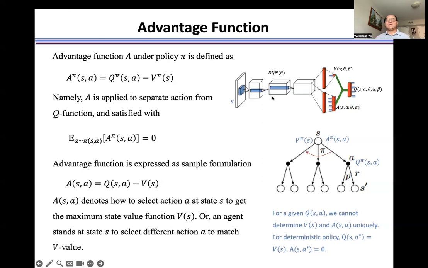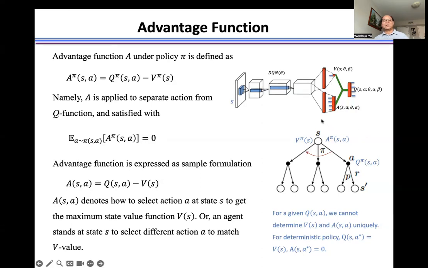That's the idea. For the rest, we use the same idea: we use the target network to generate the target and use this target to train the Q network in a supervised manner. It's the same thing.